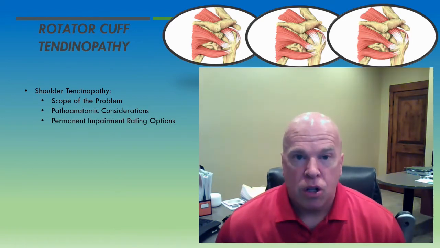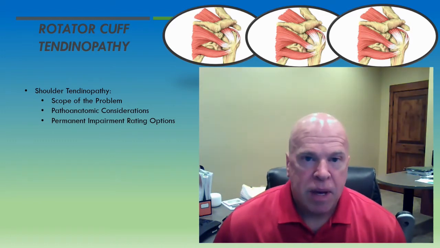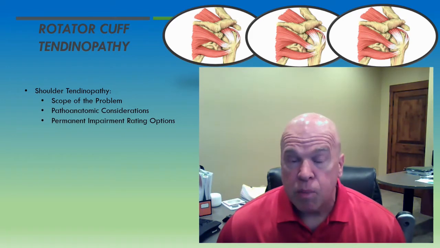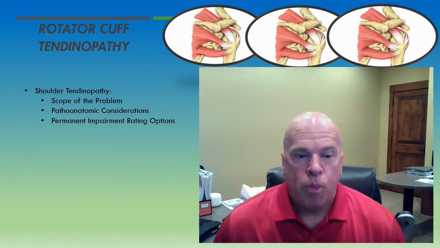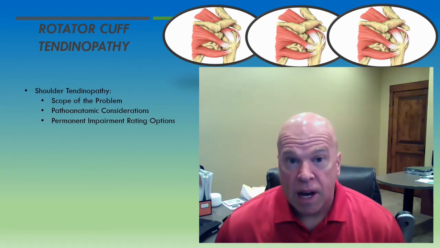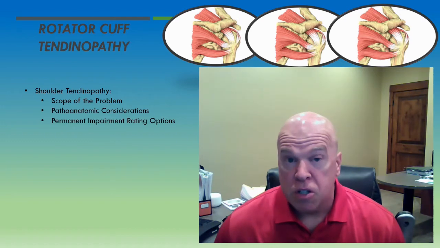And this is going to include a range of permanent impairment options for you, both under the strict application of the AMA guides and then also alternative impairment ratings under Alvarez and Guzman. And I'm hoping that you will find a couple of new ideas for rating shoulder impairments within this discussion.